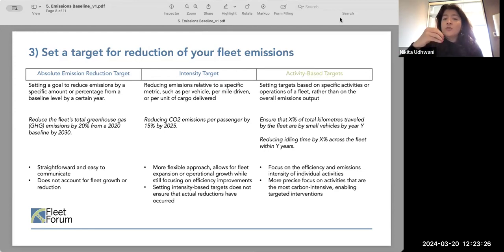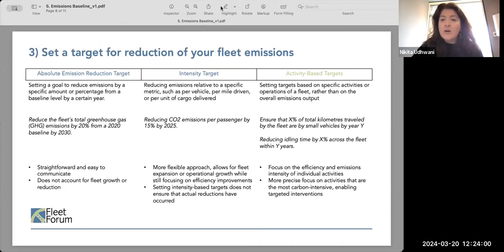It allows for your fleet expanding or your operational activities going down, and it focuses on making your activities efficient. On the other side, it might not actually lead to an absolute reduction. If your activities grow, you might still end up having more emissions, even though you are being a little bit more efficient. So that's an intensity target.